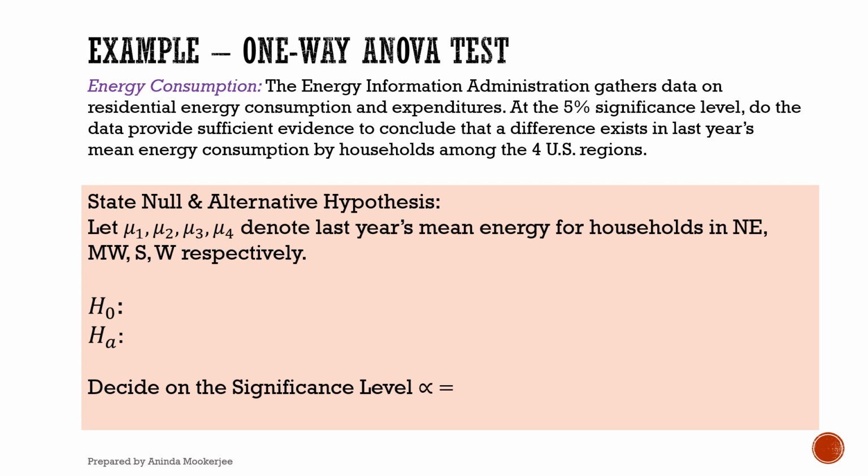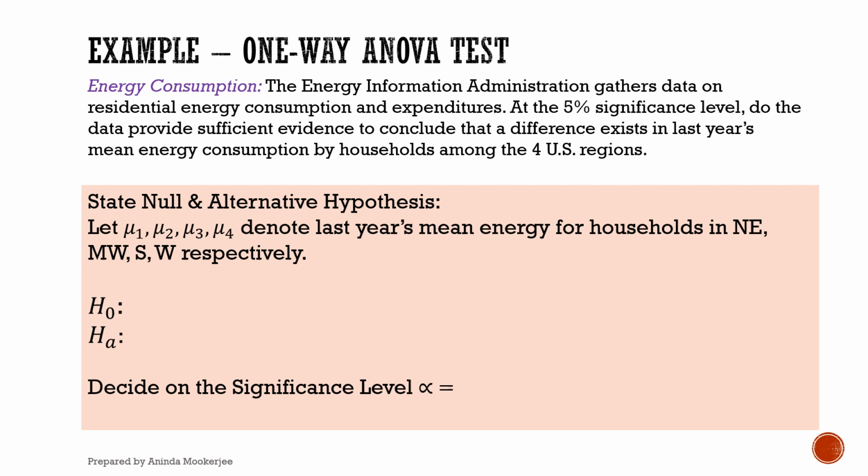Now we are going to begin with the first step of any hypothesis test, which is to state the null and alternative hypothesis. So here it says let mu sub 1, mu sub 2, mu sub 3, and mu sub 4 denote last year's mean energy for households in Northeast, Midwest, South, and West respectively. Note that they have all used the population means here because we are stating our hypothesis, and we should always state our hypothesis with the population mean symbols, in terms of the population.